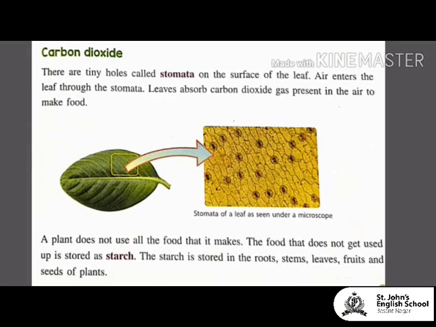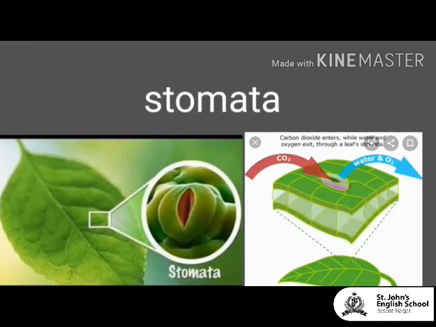The food that does not get used up is stored as starch. The starch is stored in the roots, stems, leaves, fruits and seeds of plants. Through these stomata, carbon dioxide is absorbed into the leaves and oxygen is released from the leaf.